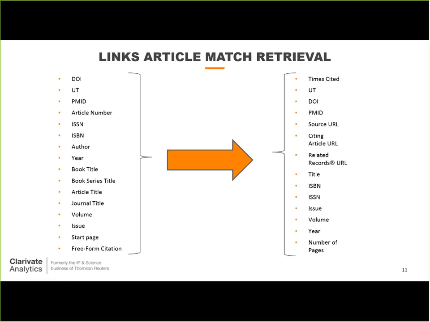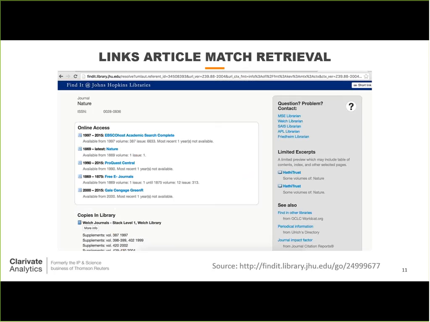You'll get UT again, DOI, PMID, the source URL, so the link to the Web of Science page, the citing articles URL. This would be the link to all the citing articles that we have in Web of Science, the related records URL, title, ISBN, ISSN, etc. Again, all this information is available on the website that I've shown you before.